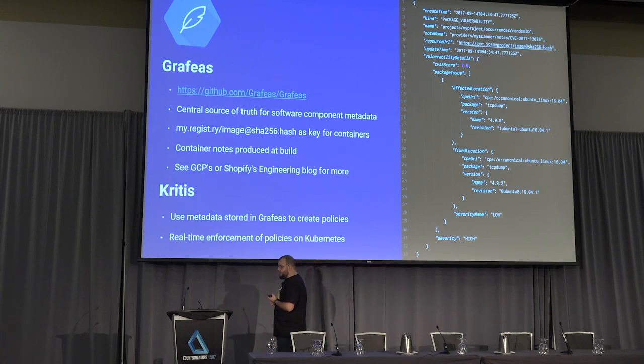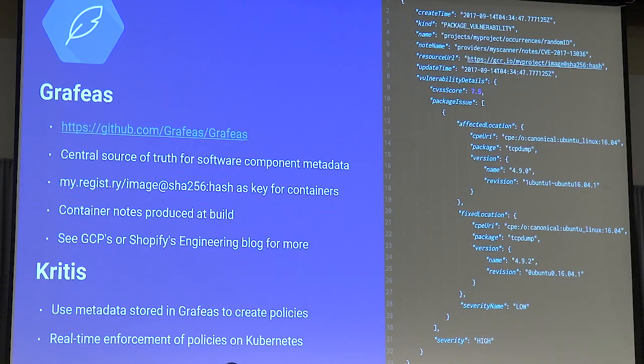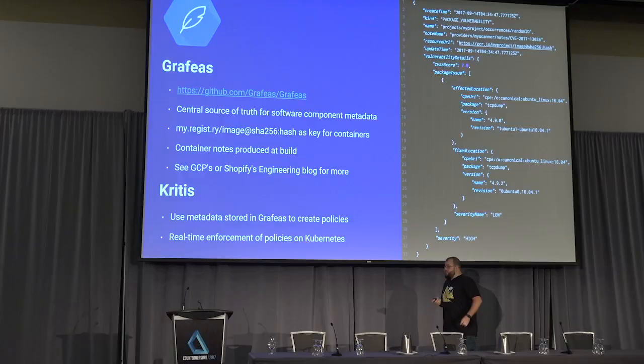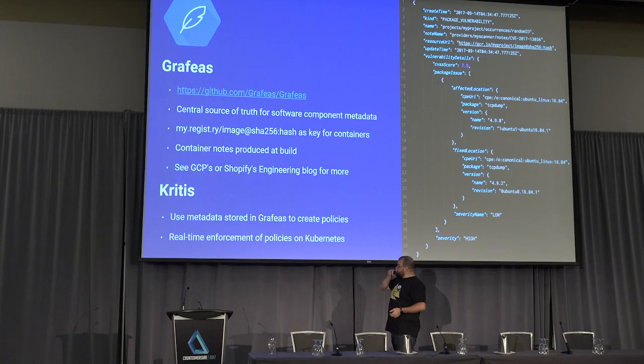So Grafeas is an open source software component metadata API. String a bunch of buzzwords together and everybody understands. So what this means is that we have this API that is our central source for software component metadata. I don't say container metadata because it is so much more than that, but a container is just another piece of software that we can generate and store this metadata with.